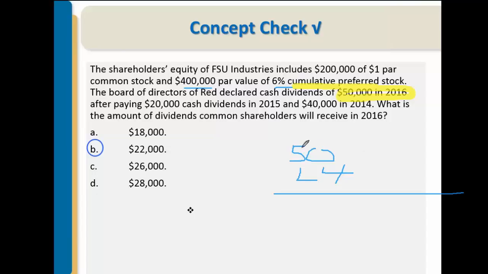So that gives us 26. Now the issue becomes, if you look at 2015, $20,000 of dividends were paid, which means that the preferred stockholders were shortchanged by $4,000. So we need to pay that additional $4,000 from 2015. So what's left is $22,000. I did that with my mouse and it's a little sloppy, but I think you get the point. So that's the answer there.